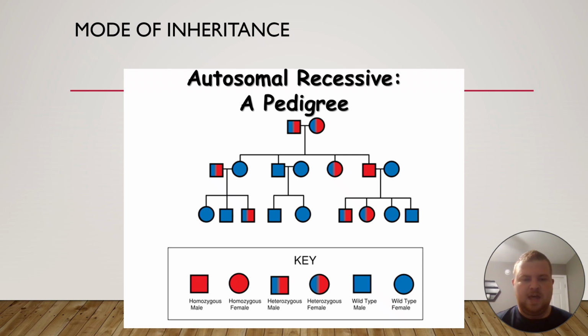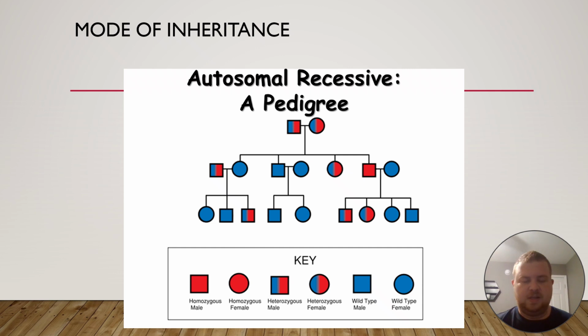disease. However, in their first generation, their first kid on the very left, the blue circle, is a female. There is their female child who does not have sickle cell trait or sickle cell disease. Their second child is the blue box in the middle, and he does not have sickle cell disease or the trait as well.